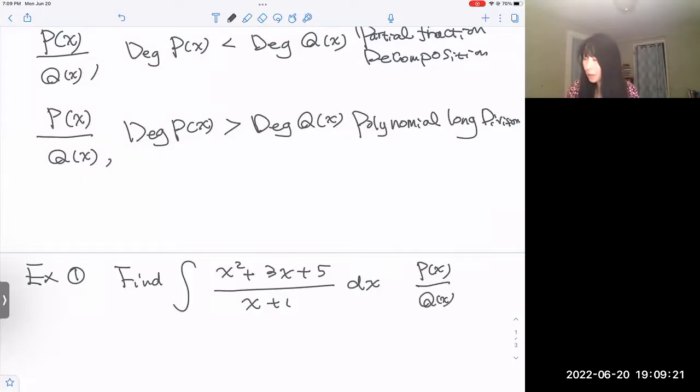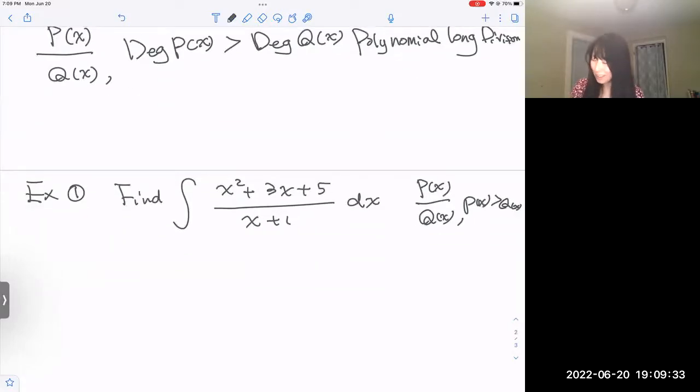The numerator is bigger, right? Yes. Then we use polynomial long division. How? Like this: the divisor is x plus 1, and the dividend is x squared plus 3x plus 5.